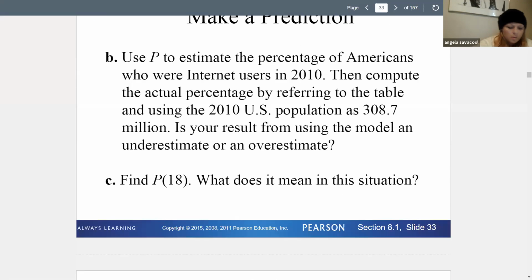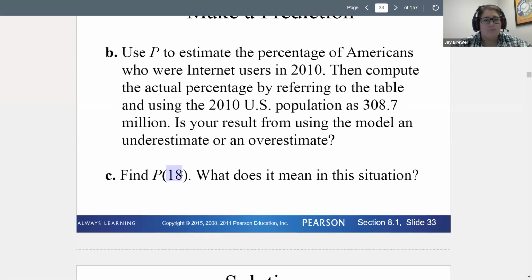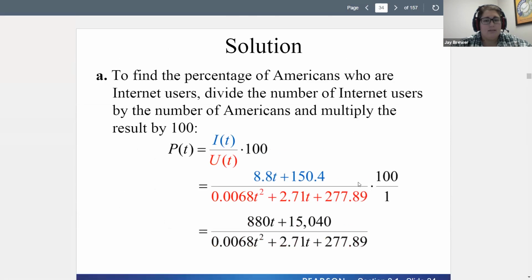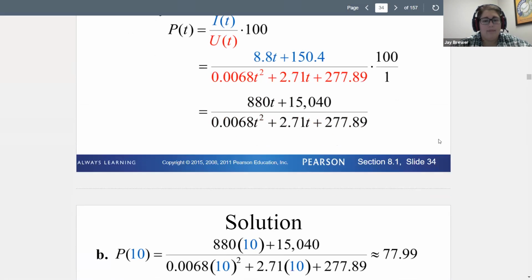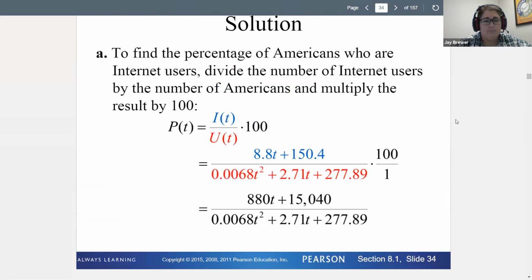Perfect. And then for the last part, we're going to find out P of 18. All right, so we're just plugging things in. That's really how simple this process is when they give you everything. When they don't give you everything, then we all get confused sometimes.